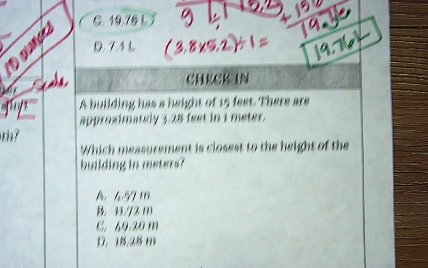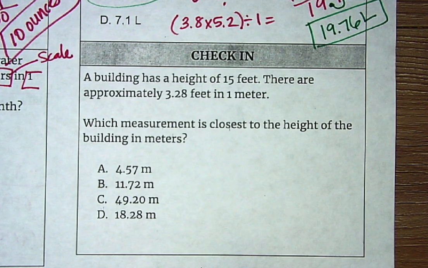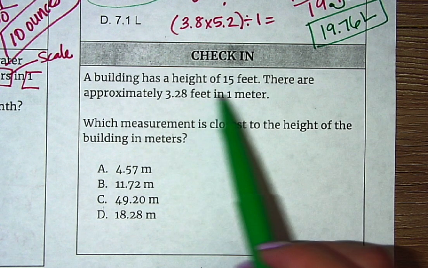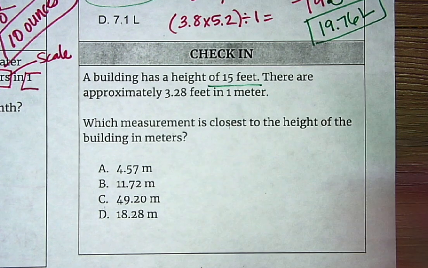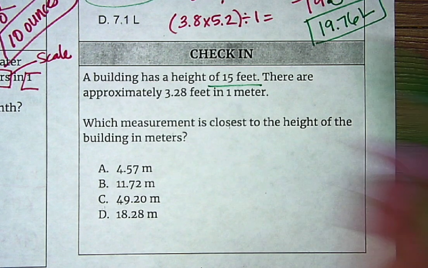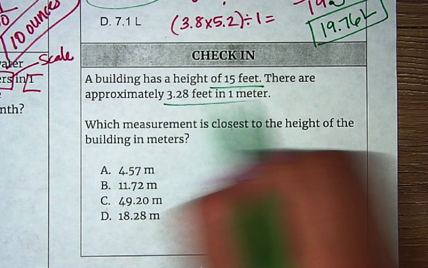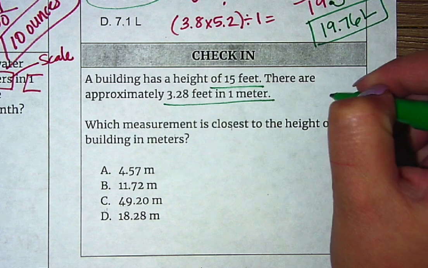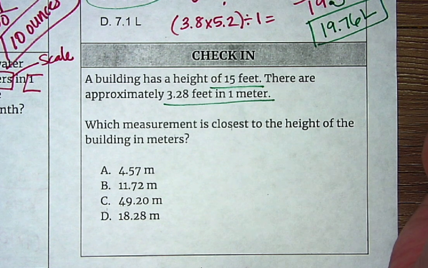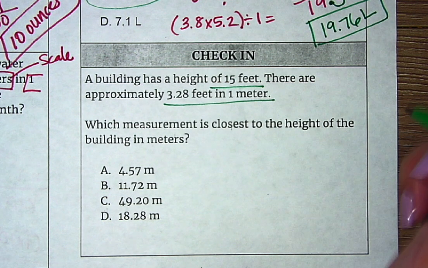Alright, you're going to do the last one. It says, the check-in, a building has a height of 15 feet. You should be underlining that. There are approximately 3.28 feet in 1 meter. Remember, that's my scale. Which measurement is closest to the height of the building?